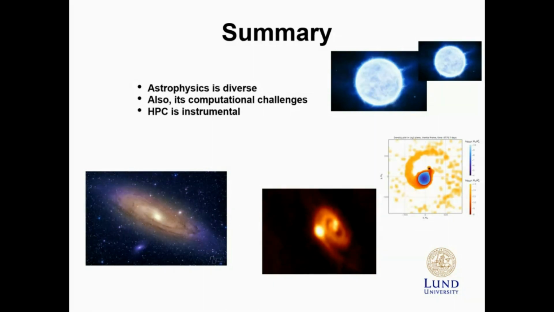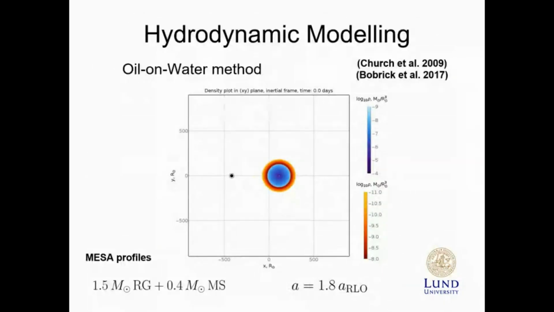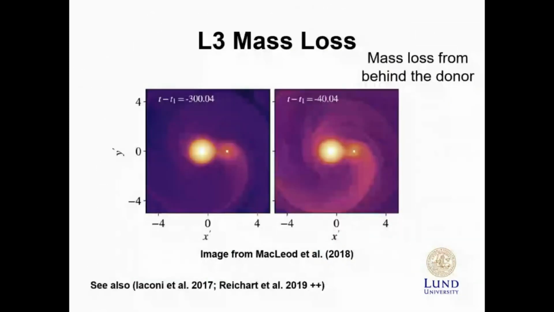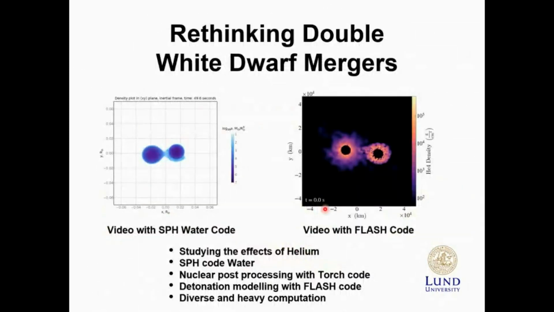I'd say perhaps the most computationally intensive, in my perspective, are the simulations which were done on detonations of white dwarfs. If you remember, there was this video of how the white dwarfs were detonating their helium.